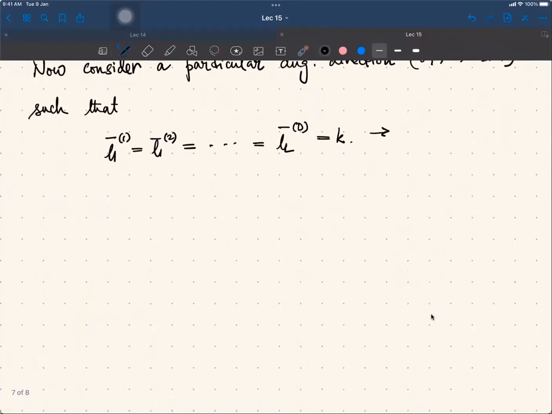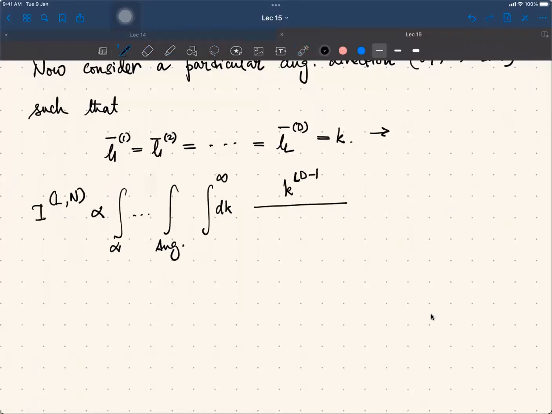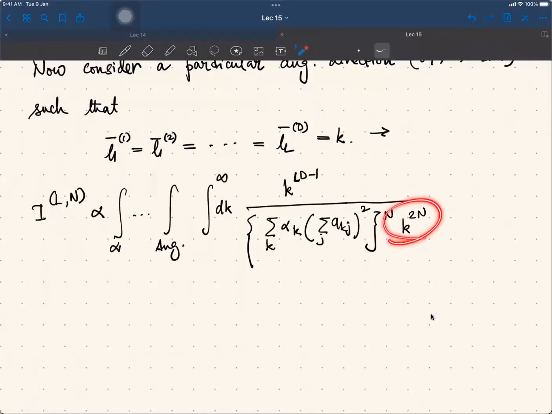So k has come out and it has taken the form k to the power twice n.